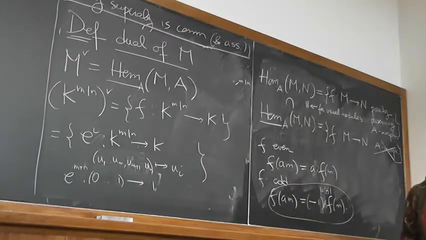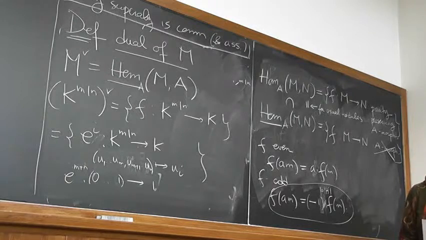Otherwise you will lose this, which you need, because you expect the dual of the vector space to have the same dimension as the starting vector space. It won't even be an A module if you don't take all elements. The result of taking the dual has to be an A module. There are several problems.